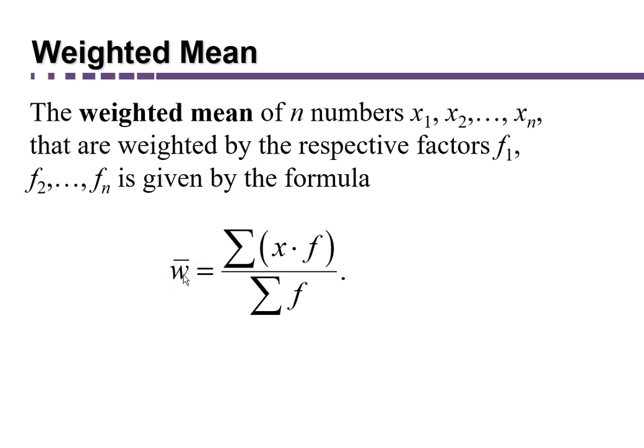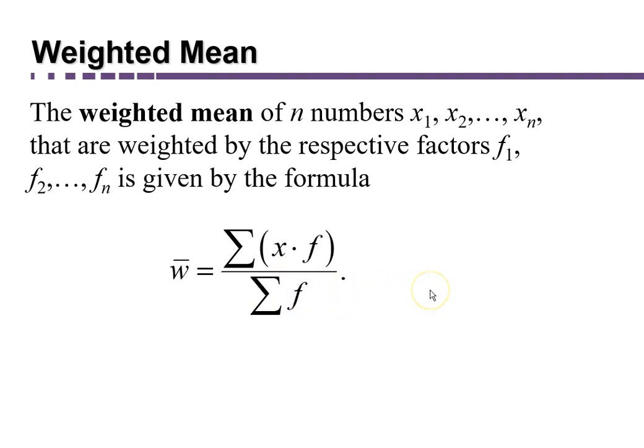So you want to be sure you're familiar with that one, where it is the sum, which is your items of data multiplied by some weighted factor, and then divided by the number of items in your set of data.